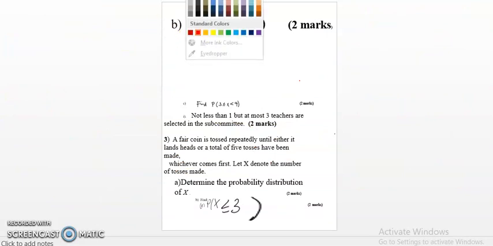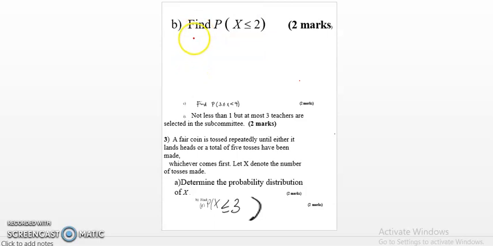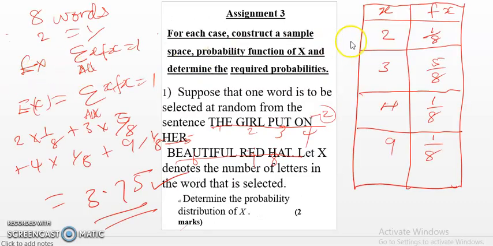So we have 0 plus the probability when x is equal to 2, which was 1/8.